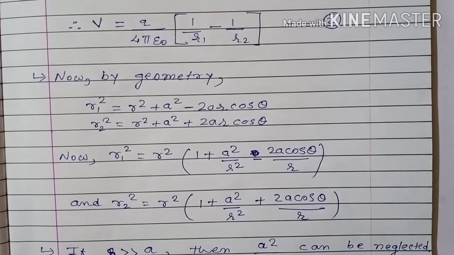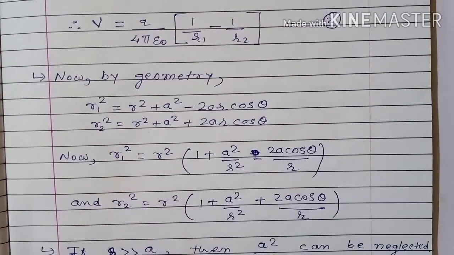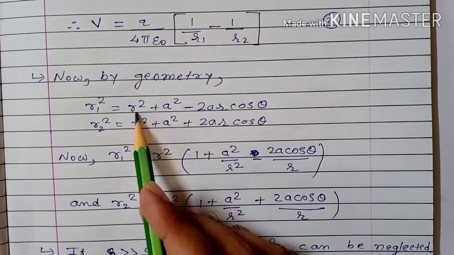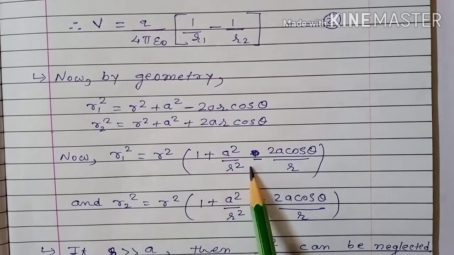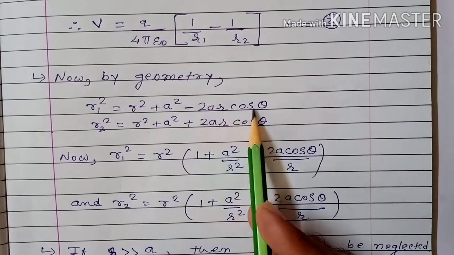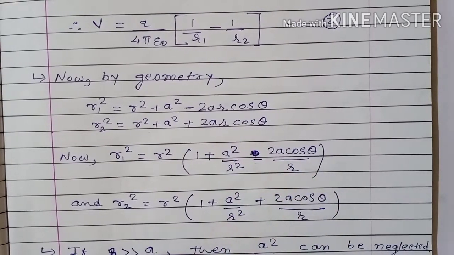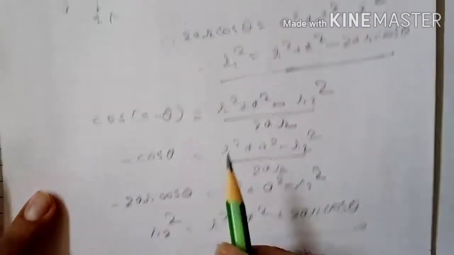Now, if we take r square common from these two equations, then r1 square can be written as r square, we have taken common, so what will remain here? 1 plus a square upon r square minus 2ar cos theta upon r square. R will get cancelled, leaving 2a cos theta upon r. This way we obtain r1 square.